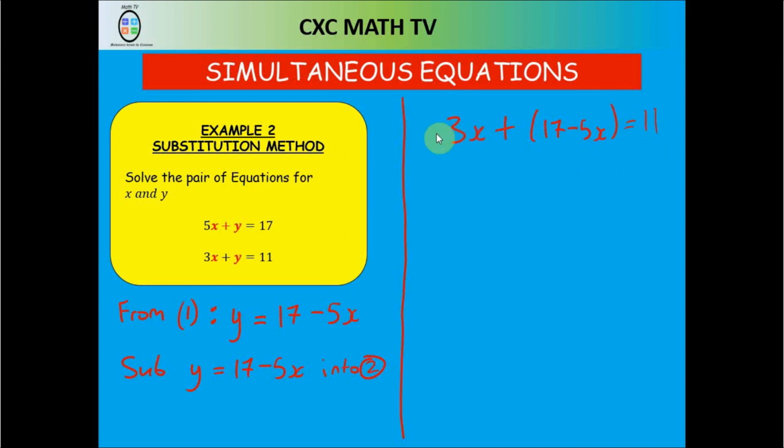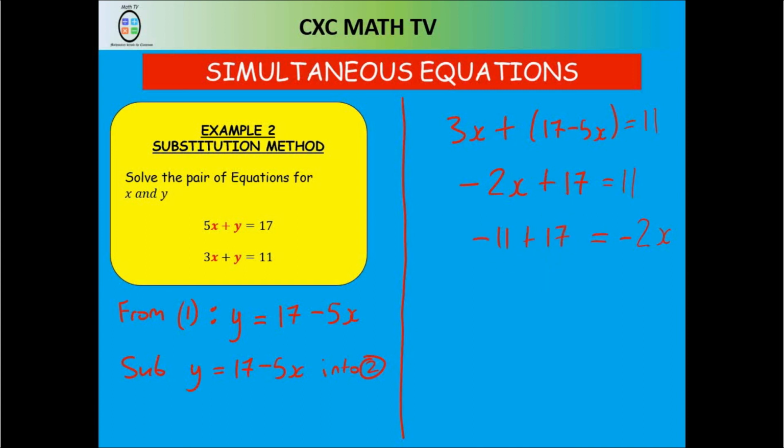So what we're going to do now is expand the bracket. So we're getting 3x plus 17 minus 5x, but 3x minus 5x is negative 2x plus 17, that is equal to 11. Now we can then bring the negative 2x to the other side, and bring the 11 over to this side, so it becomes minus 11 plus 17.